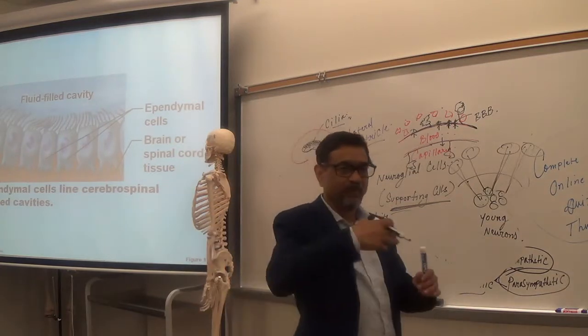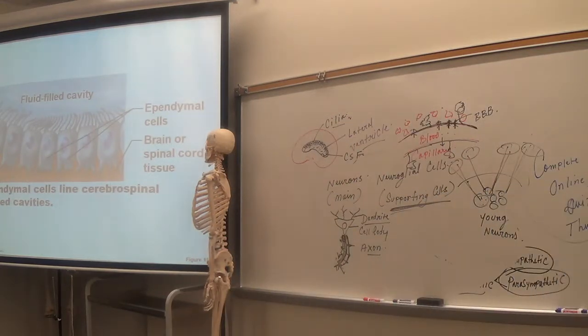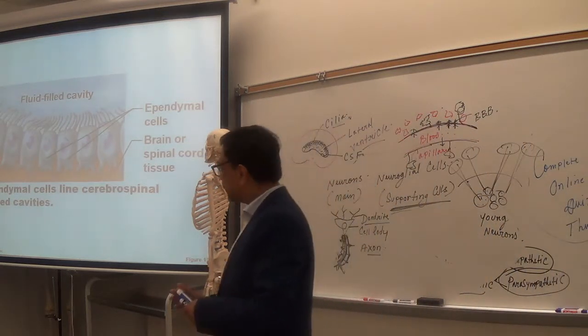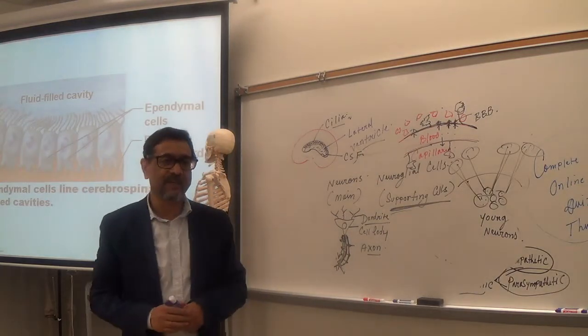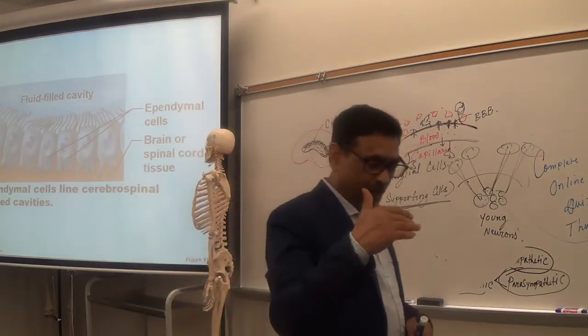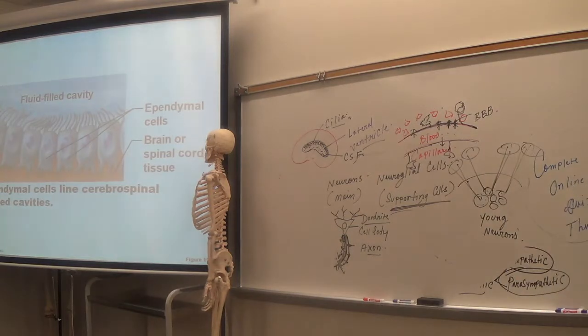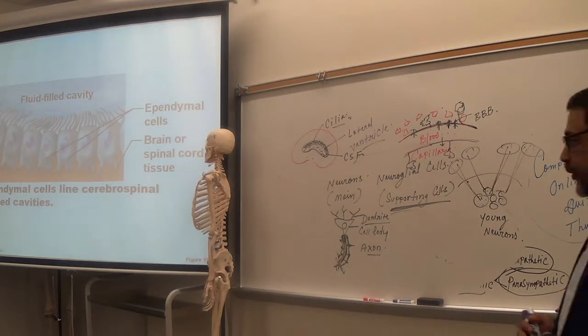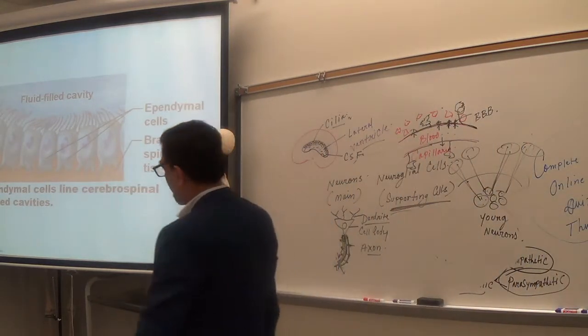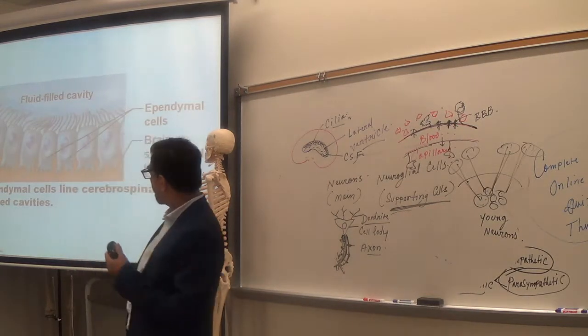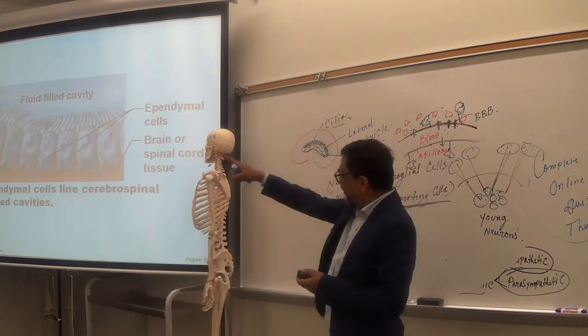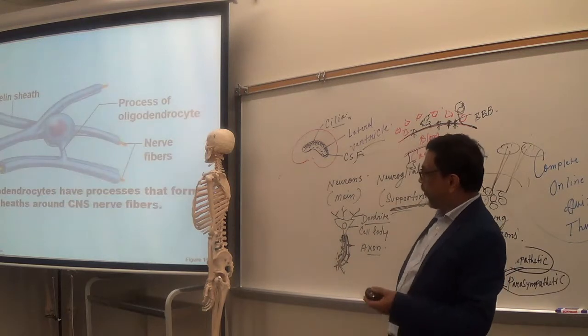Make sense? So ependymal cells are present where? Inside the ventricles, in the wall of the ventricles. What are the ventricles? Fluid-filled cavities inside the brain. And by moving the cilia, ependymal cells help to move the cerebrospinal fluid. Okay, you see here how they look like.